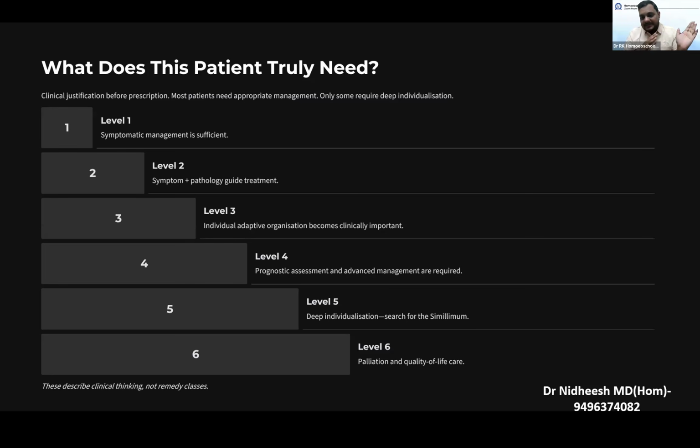Once level 5 is passed, the case moves to level 6, which is called palliation. Here you can see a beautiful lineup. A patient comes with allergic rhinitis. If the doctor gives him a steroid spray for the nasal obstruction or sneezing, it is an immunosuppressor, automatically an allopathic medicine.